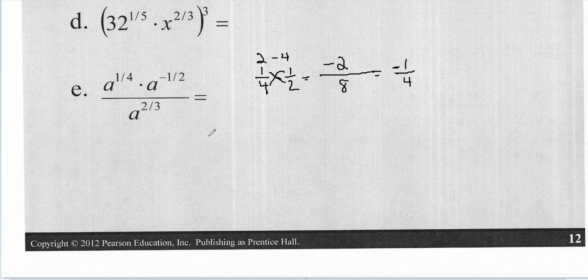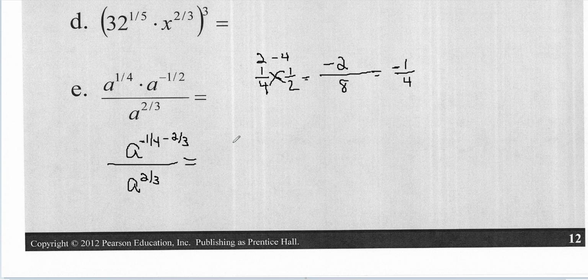Okay, so now I've got a to the negative 1 over 4 over a to the 2 over 3. Okie doke, so now I can use the quotient rule here and subtract the bottom from the top, or the top from the bottom. Why don't I subtract the 2 over 3, the bottom from the top?